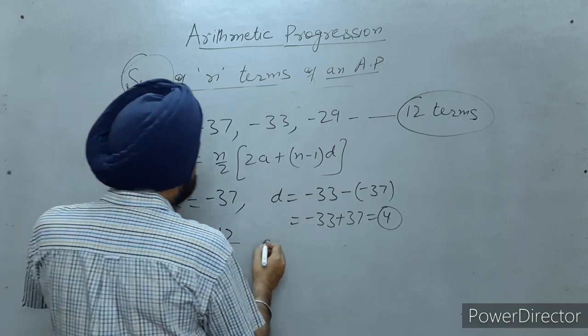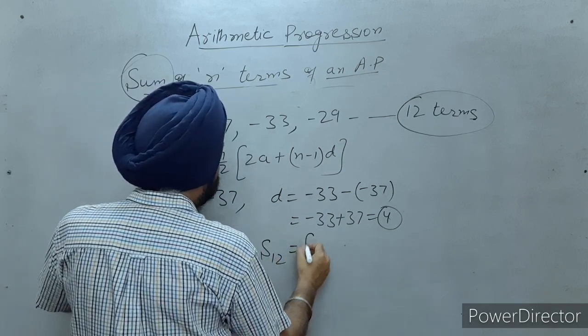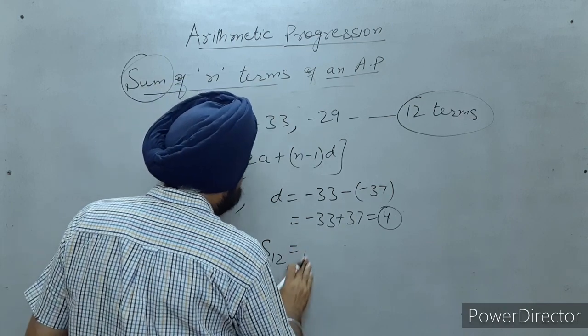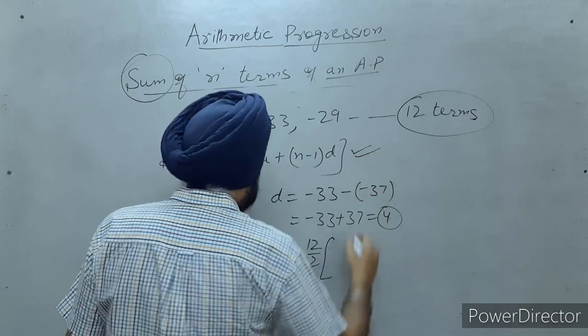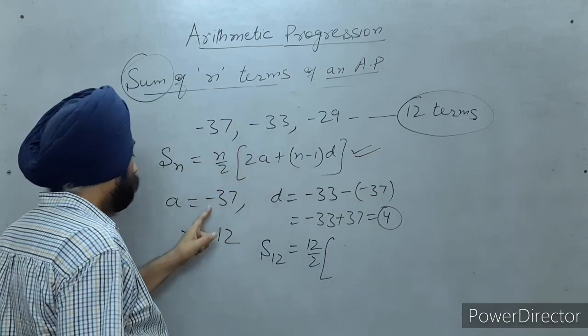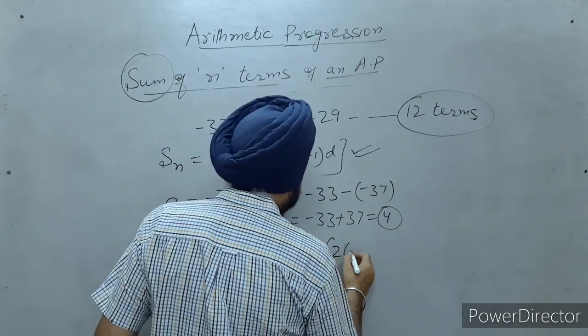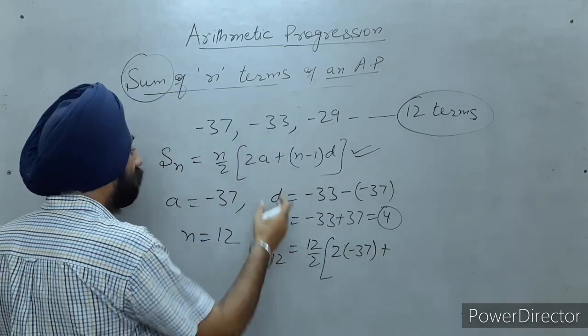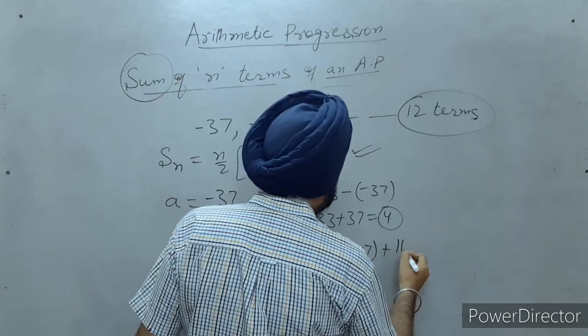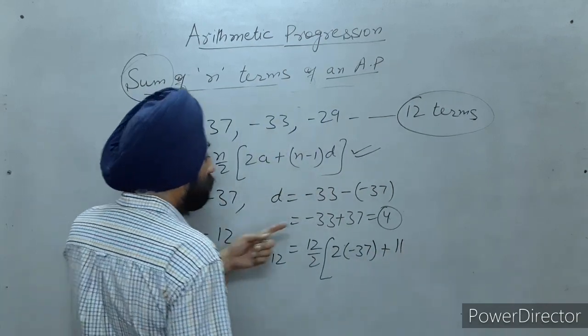So we apply the formula with n/2, that is 12/2. Okay? 2a is 2 into -37, plus (n-1) into d: 12 minus 1 is 11, into d, which is 4.